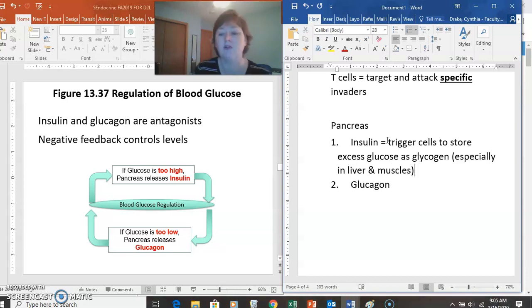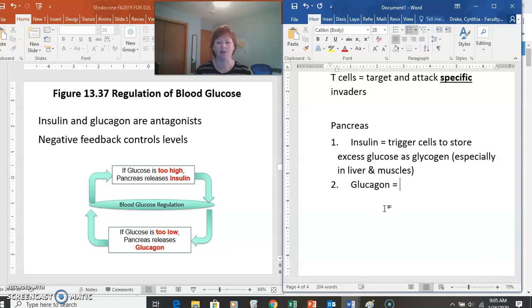Now, it is possible to use that glucose and the energy from that glucose to actually build new lipid molecules and store it away as fat as well. But in this case, if it's a kind of a short-term adjustment, then we're going to just store things away as glycogen. If my glucose levels get too low, then my pancreas is going to release a hormone called glucagon. Glucagon is an antagonist, so that means it's going to do what? Right?